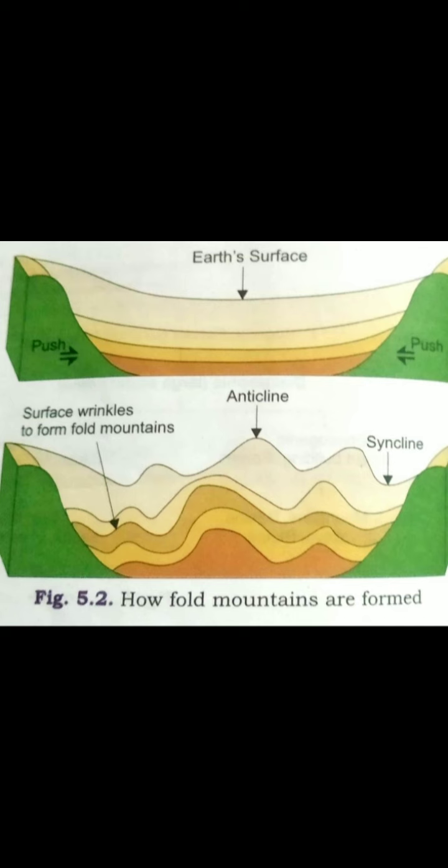Suppose two plates under the sea are coming together, getting compression. Because of the compressive force and stress, there are folds on the surface. Some portion of the land comes above water. If it can be seen above water, it is called an island. Example, West Indies.